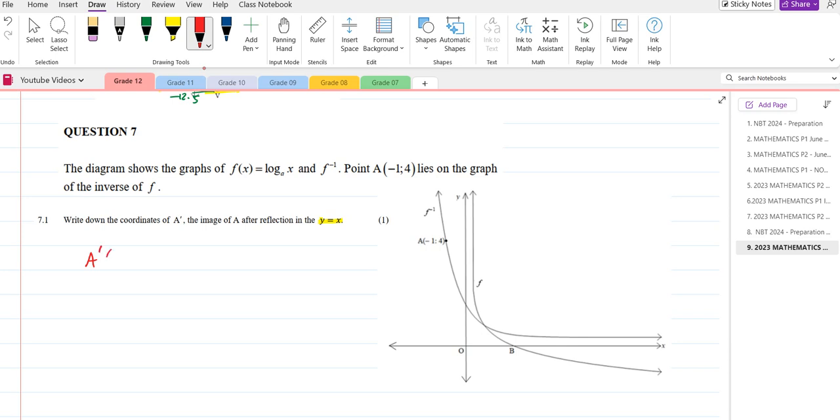So A now becomes, so that's a point on f inverse. We're switching this around, so 4 and minus 1. 4 and minus 1 will actually be a point on the log graph.